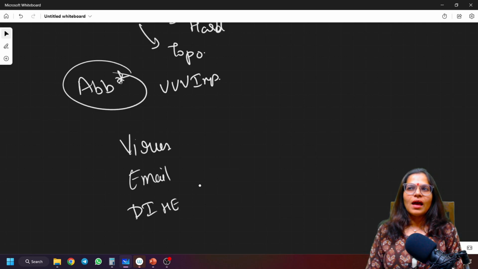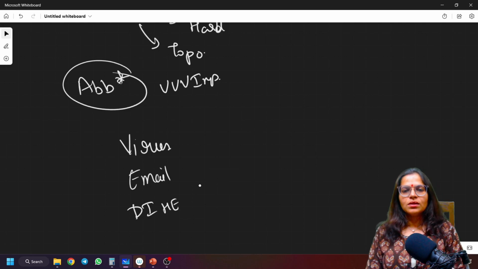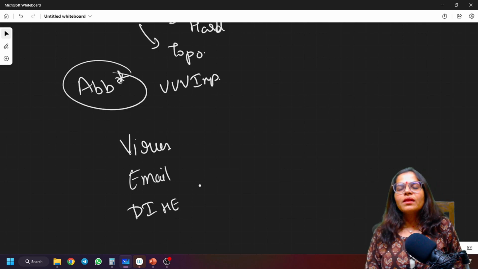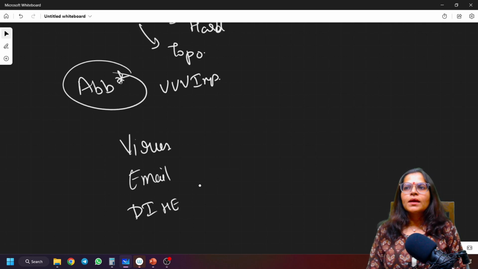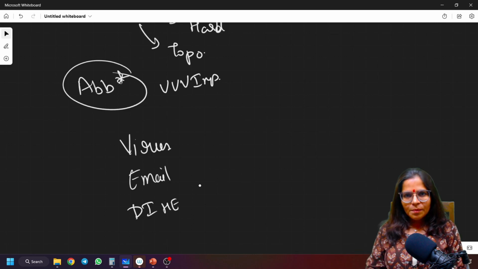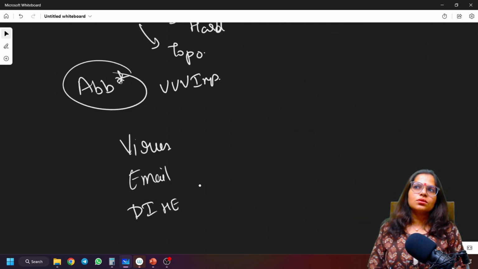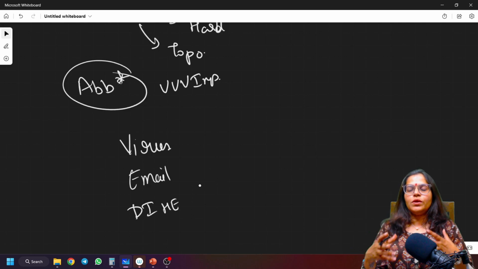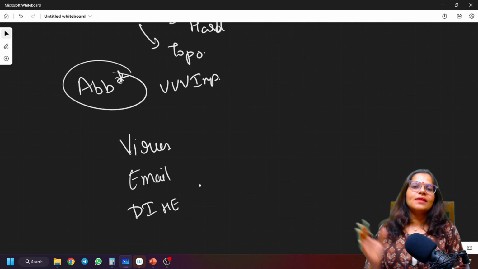So in the previous year, like in 2022, if I talk about, there were questions related to Samarth, there were questions related to Swayam. So there are certain topics which are regularly repeated and certain topics which are suddenly new, which we did not know that they could ask that also.